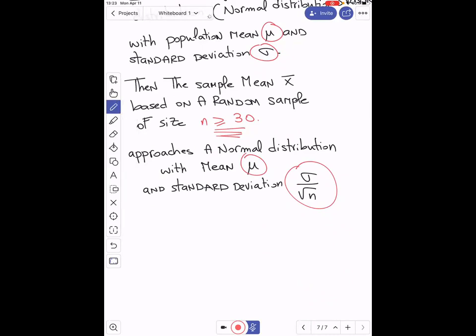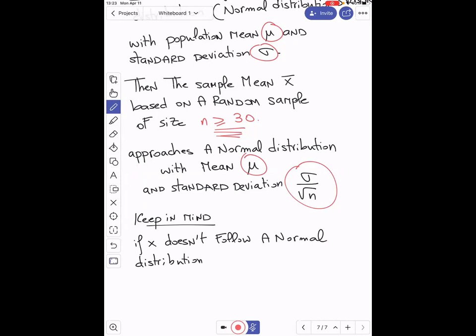What we keep in mind is, if X doesn't follow a normal distribution, then we can still apply the same formula, but you need the size of the sample to be more than 30.